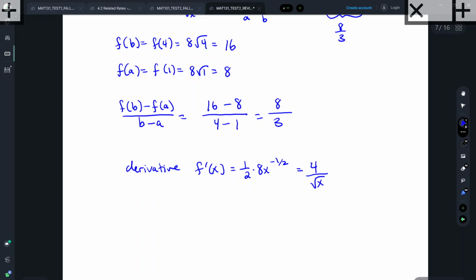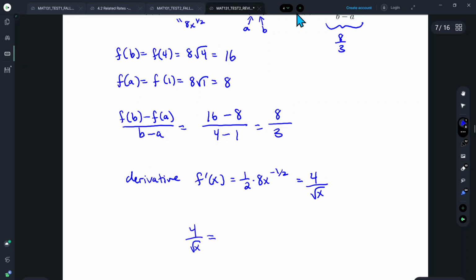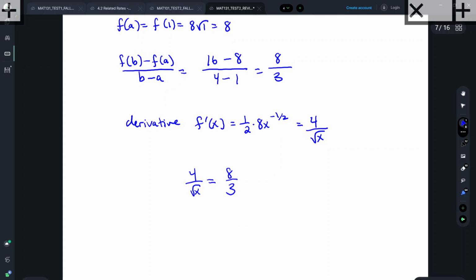So now we set the derivative, 4 over square root of x, equal to the previous calculation here, 8/3. And then now I just cross multiply.